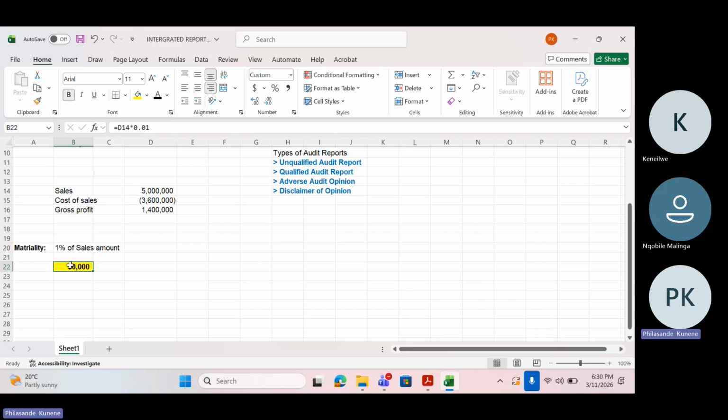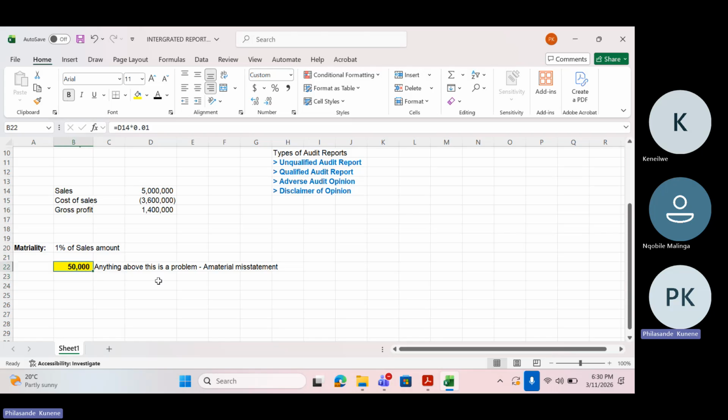So now if we calculate a materiality of 50,000 rand, I mean that anything above this is a problem. So that is going to be a material misstatement, because it is above what?